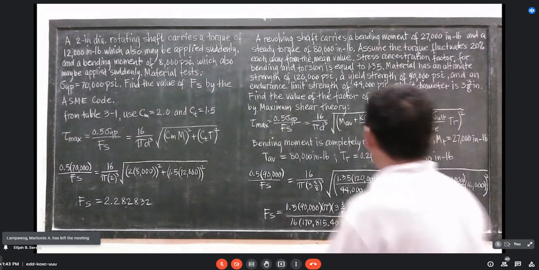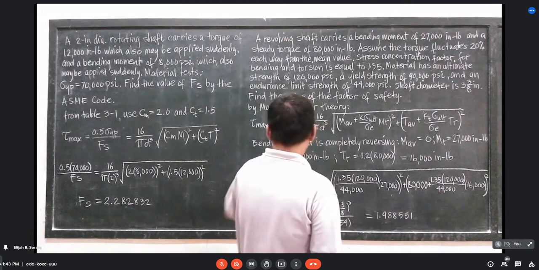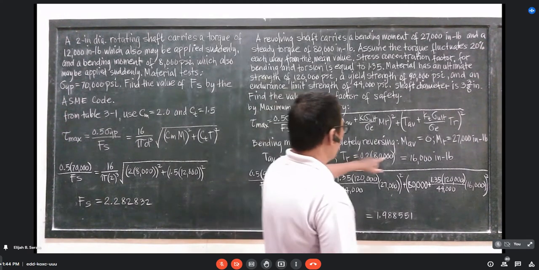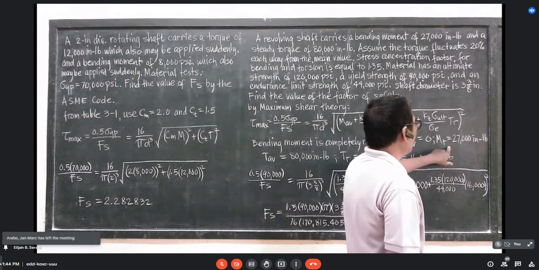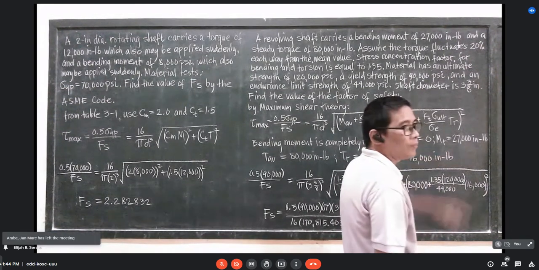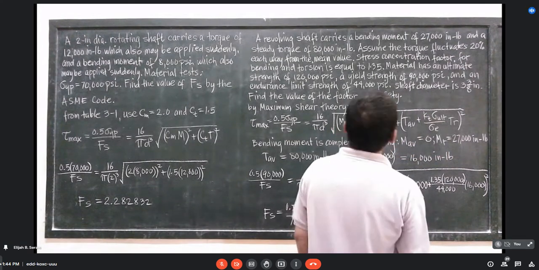So we now have an average moment of 0 and a range moment of 27 because of the reason that it is a revolving shaft.